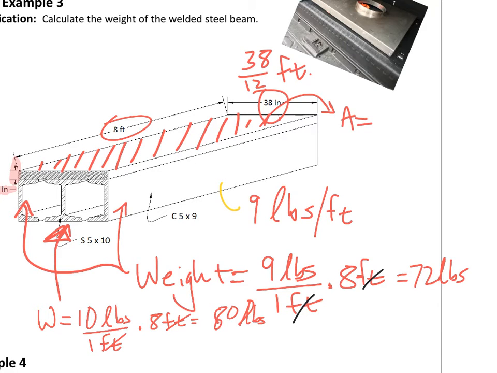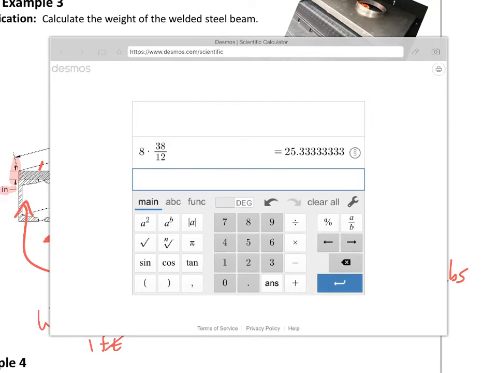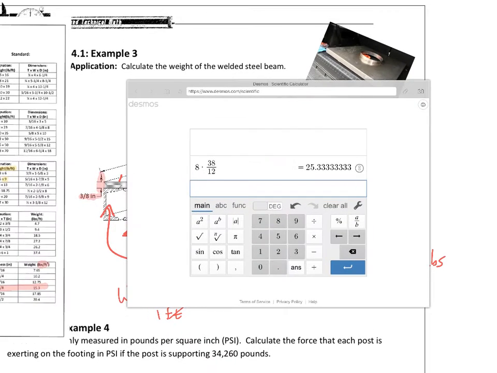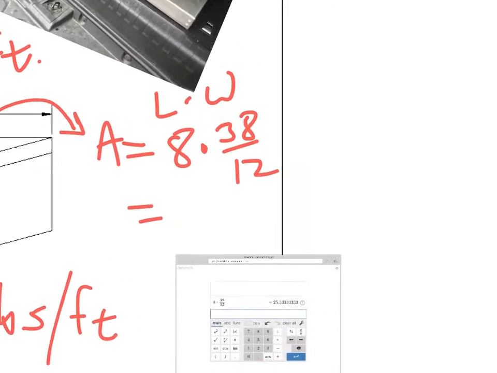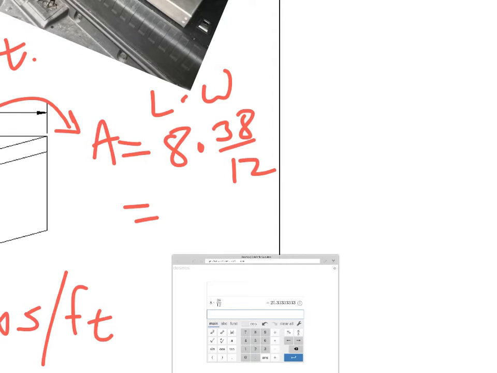So the area is length times width. The length is 8 feet. The width is 38/12. And if we multiply this up, 8 times 38/12 gives us 25.3 repeating. That's our area.